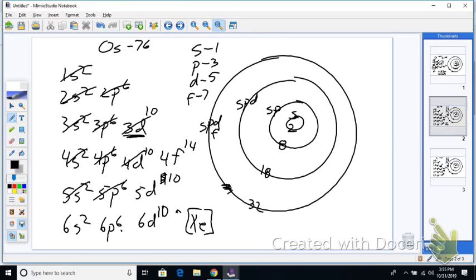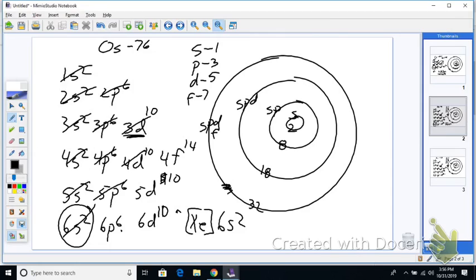Then osmium's in the 6th period, so we're at cesium and barium, which is right here. So that goes through barium, so then we go 6s2. So that's been eliminated.